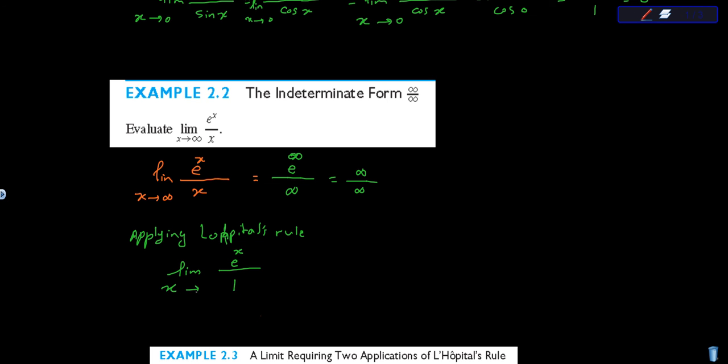As x approaches infinity, now we substitute: e to the power infinity over 1, which is infinity over 1, equal to infinity. As L'Hopital's rule says, we can get a specific limit or positive or negative infinity. Here we get positive infinity.